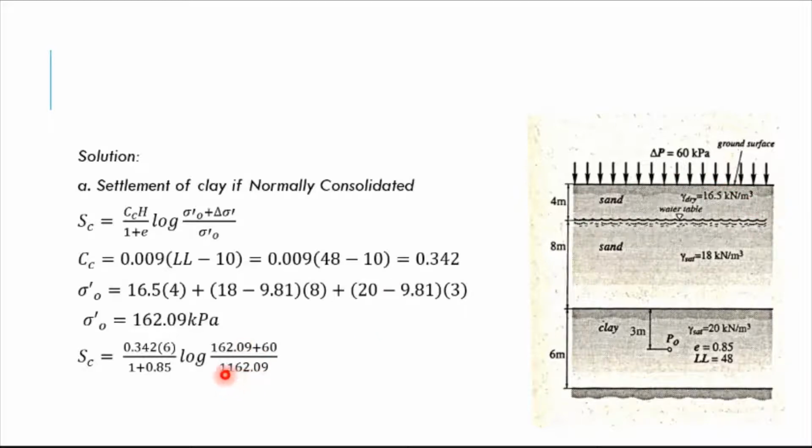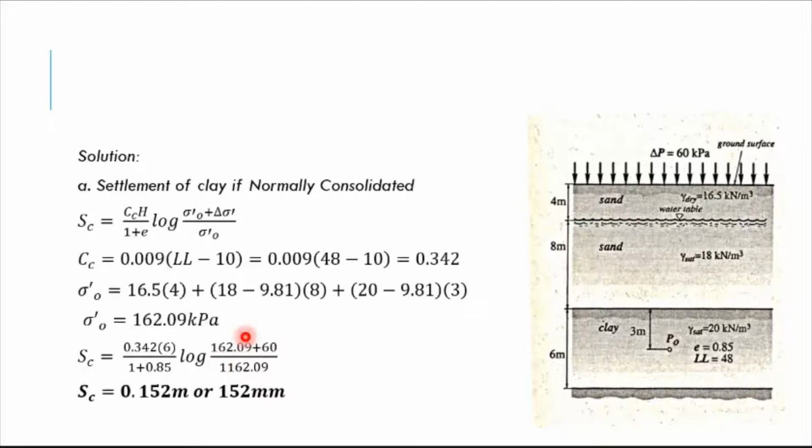I'm sorry, that should be just 162.09. We have to omit this one. So 162.09, and this will give us the value of the settlement of the soil if it's normally consolidated. This will be equal to 0.152 meter or 152 mm.